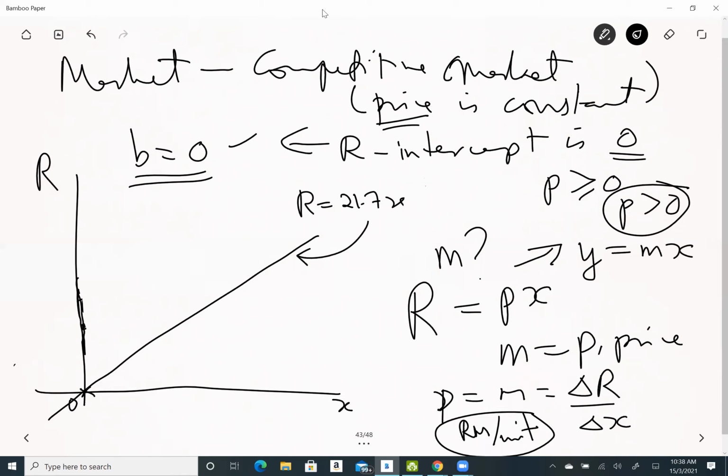Where is the intercept? At 0 or above the 0? Above the 0. The slope is positive. So the line will look like this. Now, that is generally y equal to mx plus b.